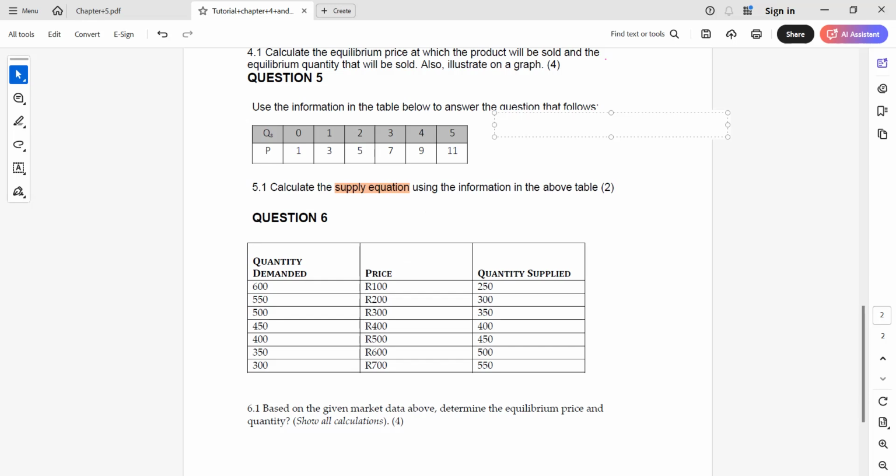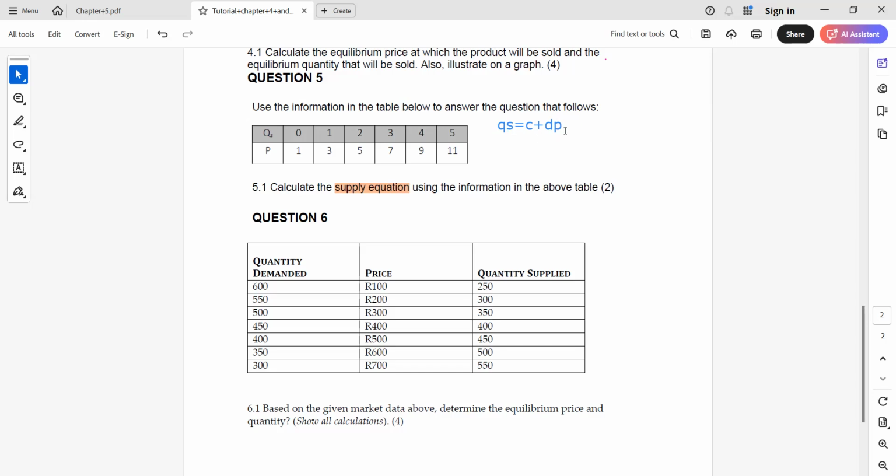It says quantity supplied is equal to C, which is a constant, plus D, which is a gradient, and P for price. So quantity supplied is equal to C, which is your constant, plus D P. D is your gradient and your P is the price.